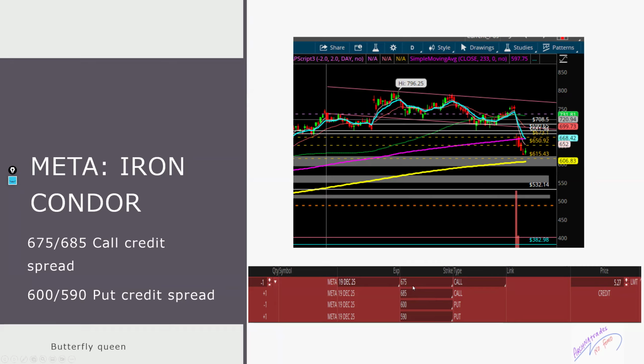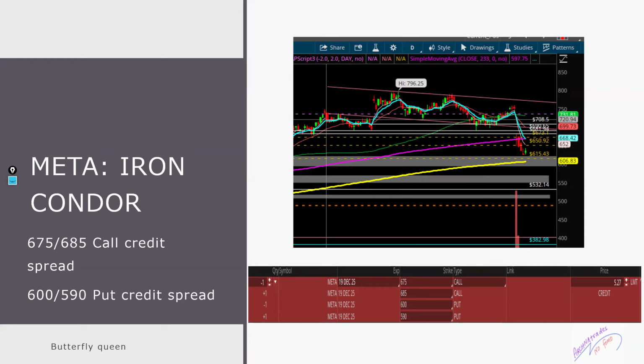So I am risking $1,000 here because it's a $10 wide call spread and a $10 wide put spread. But it cannot be up and down at the same time. So I'm risking $1,000 per contract, but I'm getting $5.27 credit for this. I am risking less than that. So from $10, you take away 5.27.